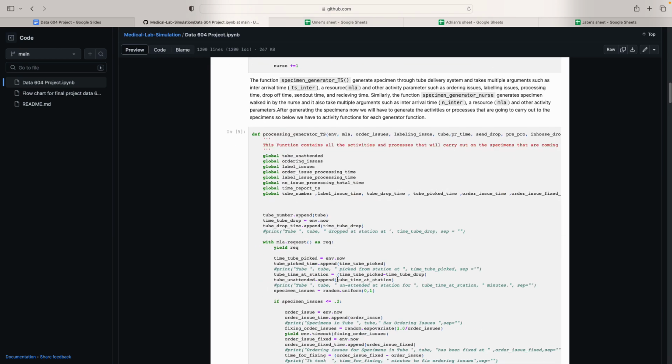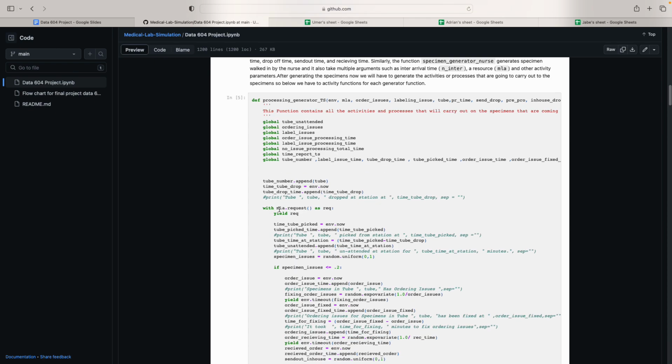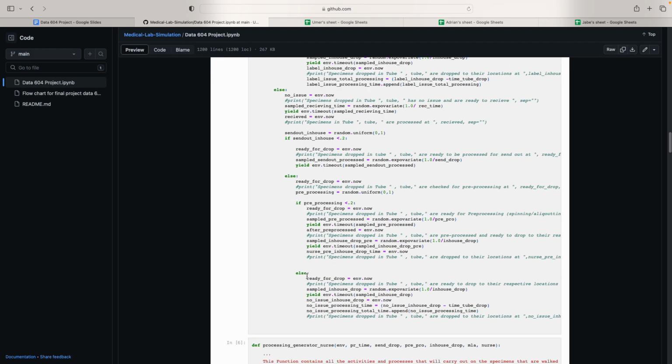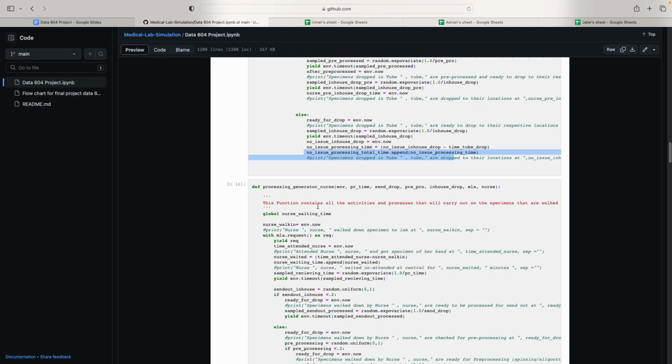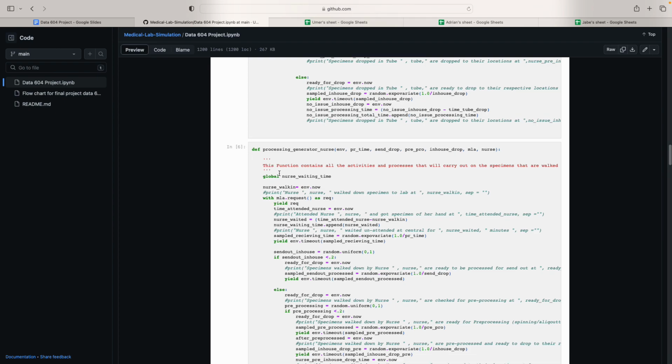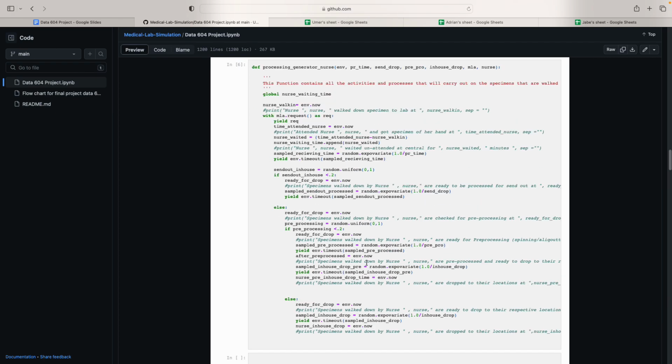So we have two processing generator functions. This one is for the tube, covering all the activities carried out on the specimens all the way to the drop off. It is followed by another function that covers all the processes carried out on the specimens that are walked down by the nurse.